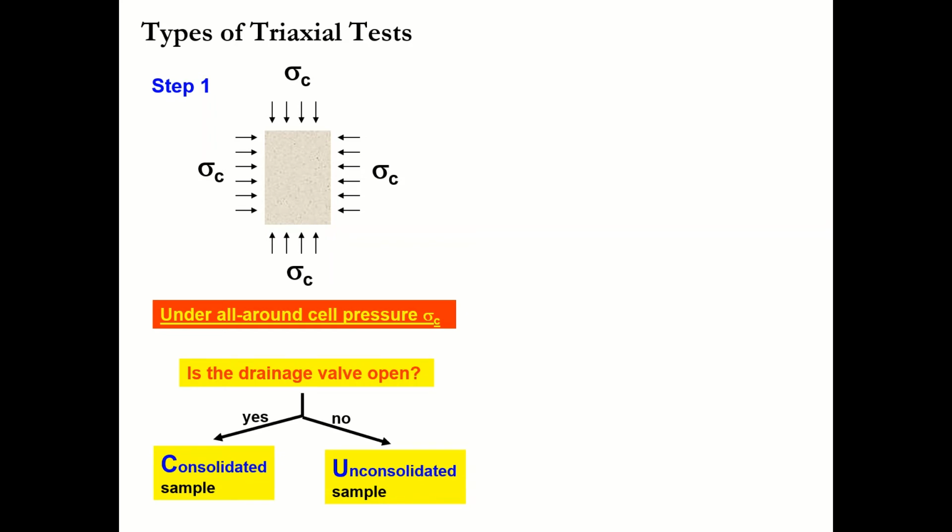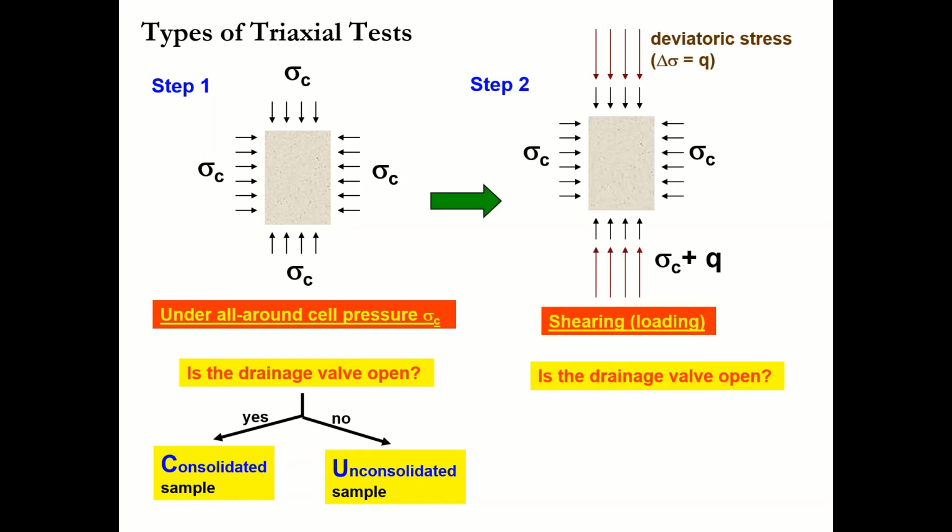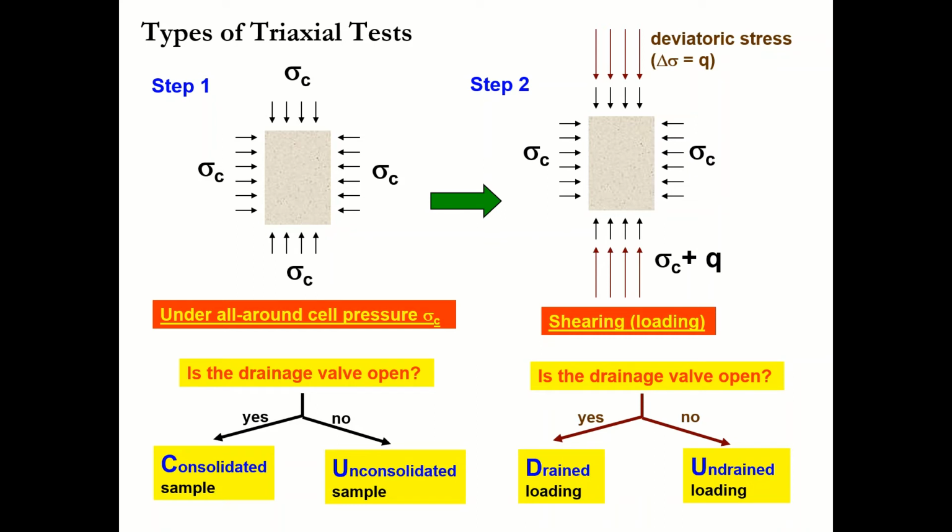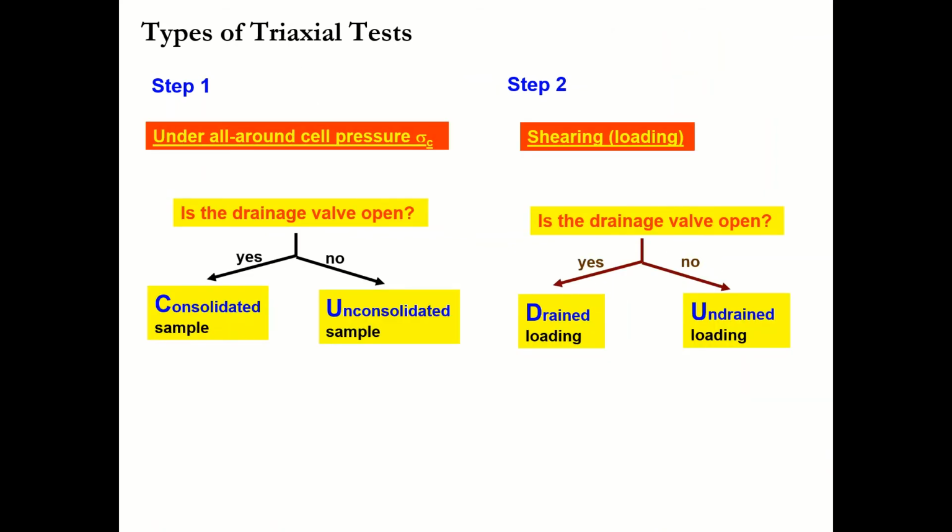If we keep our drainage valve open while applying the all-around cell pressure, then our soil sample will be consolidated, otherwise it will be unconsolidated. And if we keep the drainage valve open during the shearing or loading phase, then our soil sample will be drained, otherwise it will remain undrained.